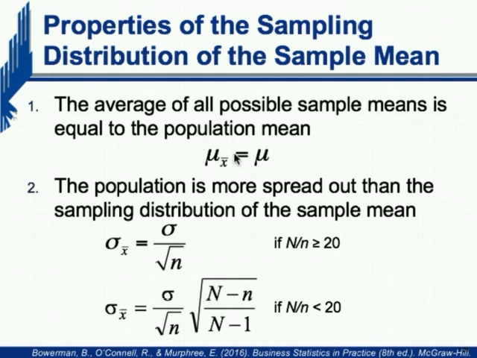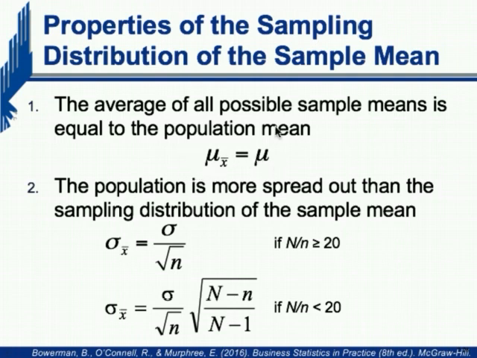And according to this equation, again, the average of all possible sample means is equal to the population mean. So in the example shown earlier, if we get the average of all the 15 sample means that we constructed, that should be equal to the average of the entire population of just 6 elements. So that's the first property.